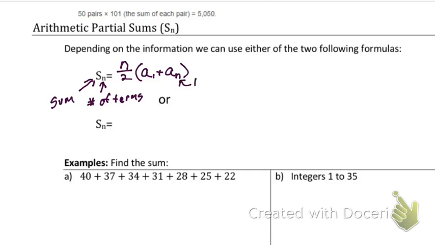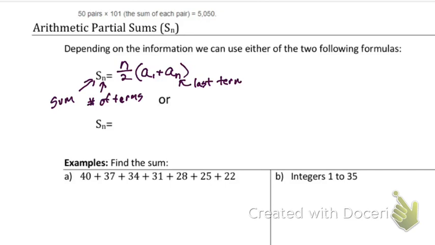That's going to hold the place of our last term. So if we look at Gauss's numbers, 1 through 100, we'd have 100 terms. So we would put 100 in for that n. We'd have 100 divided by 2, which equals 50 pairs. My first number was 1. My last number was 100, so it's 50 times 101.